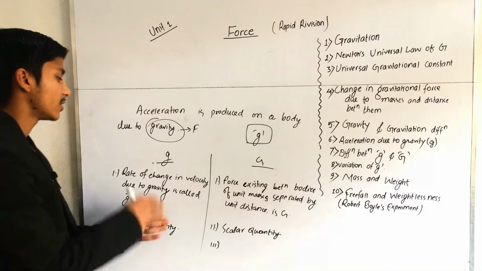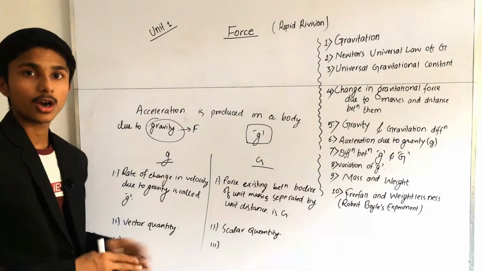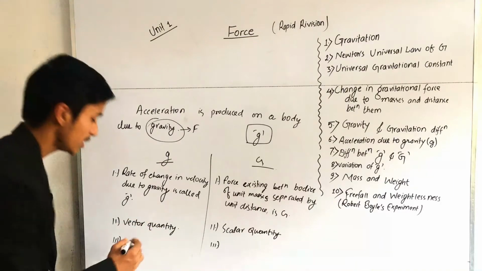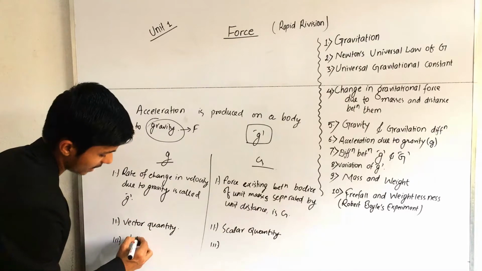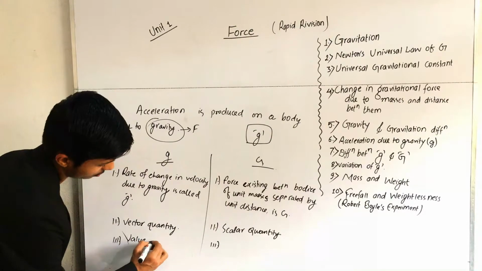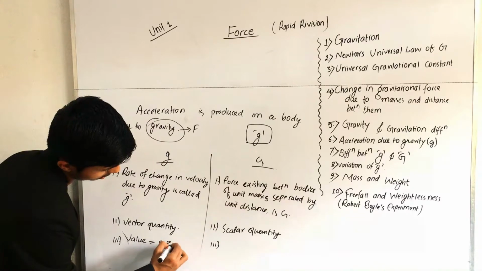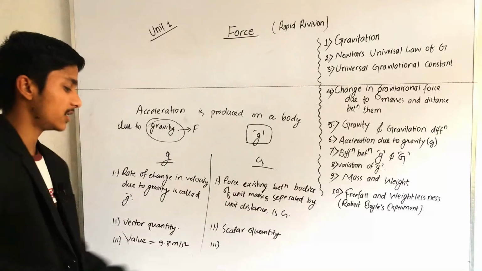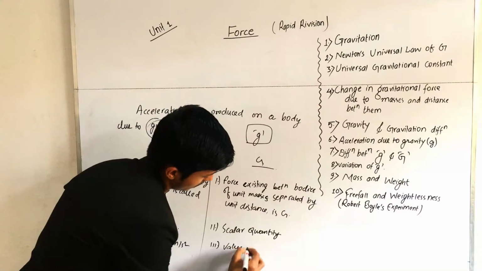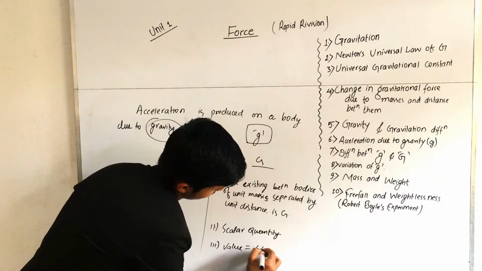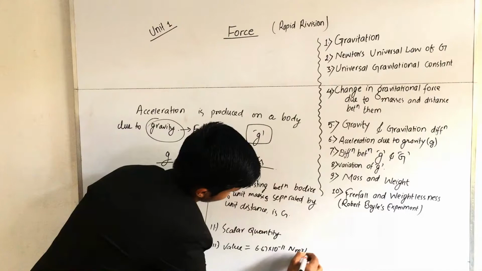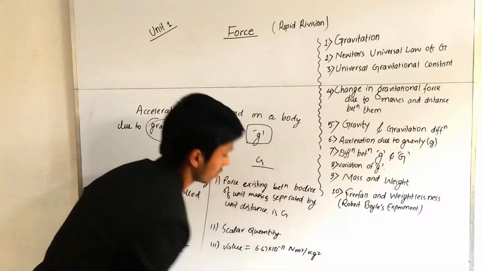The value of acceleration due to gravity of Earth is 9.8 meter per second square. So we write here the value is equal to 9.8 meter per second square, and the value of G is 6.67 into 10 to the power minus 11 Newton meter square per kg square.